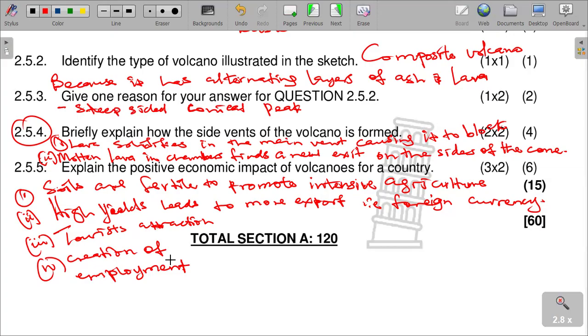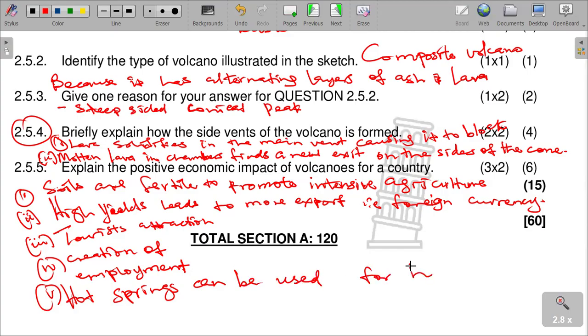And then we can also talk about what hot springs can be used for: for heating houses and to attract tourists also. Such points are quite good there.